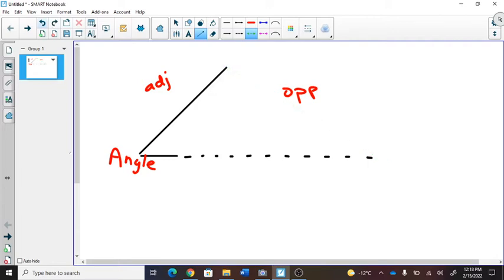If the opposite side is really short, so, okay, there's the adjacent side. If the opposite side was this long, is it going to be able to form a triangle? No. Okay, so let's write that one down.